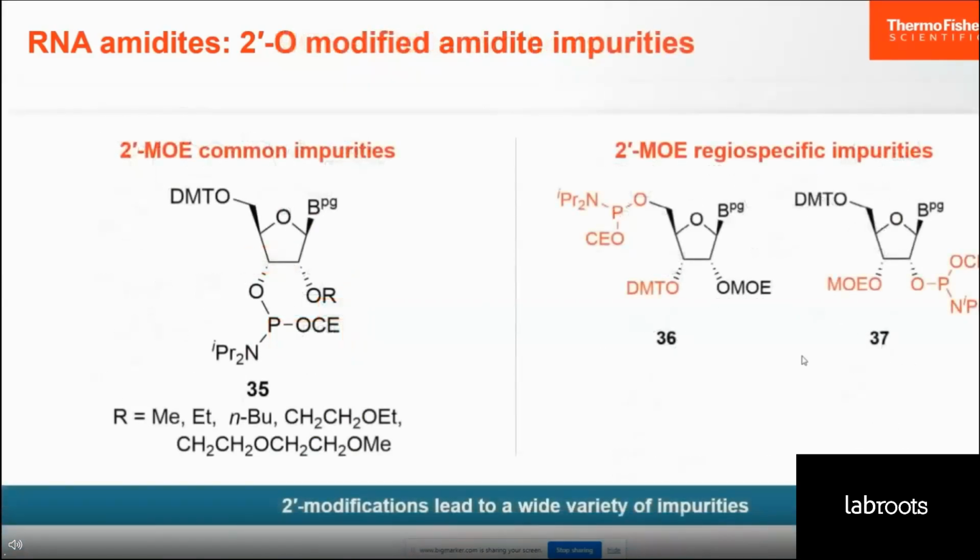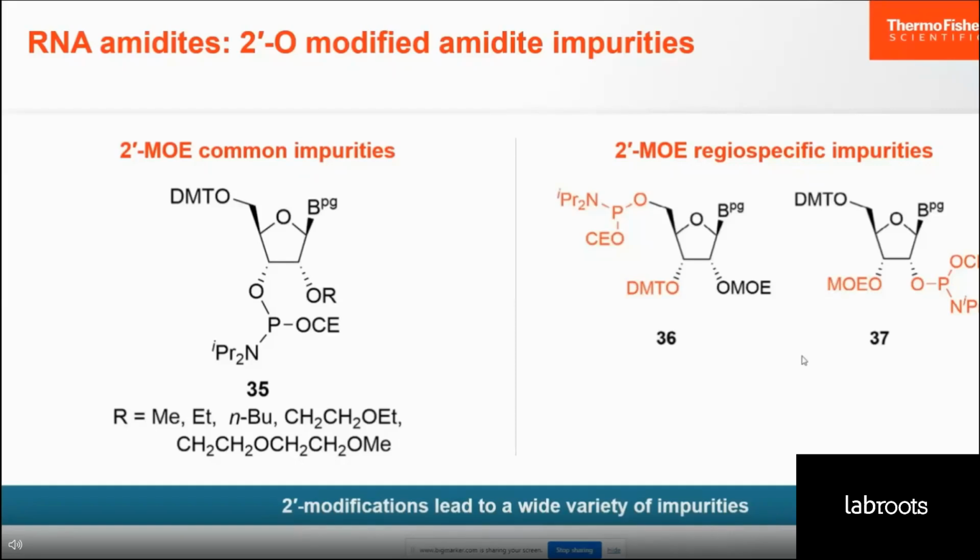So if we take a look at what 2' MOE impurities to expect, common 2' modification impurities of MOE would be the ones listed as R groups here, and these impurities may arise as a result of the chemical synthesis, maybe alcoholic solvents present, or some type of impurity in the MOE reagent itself.